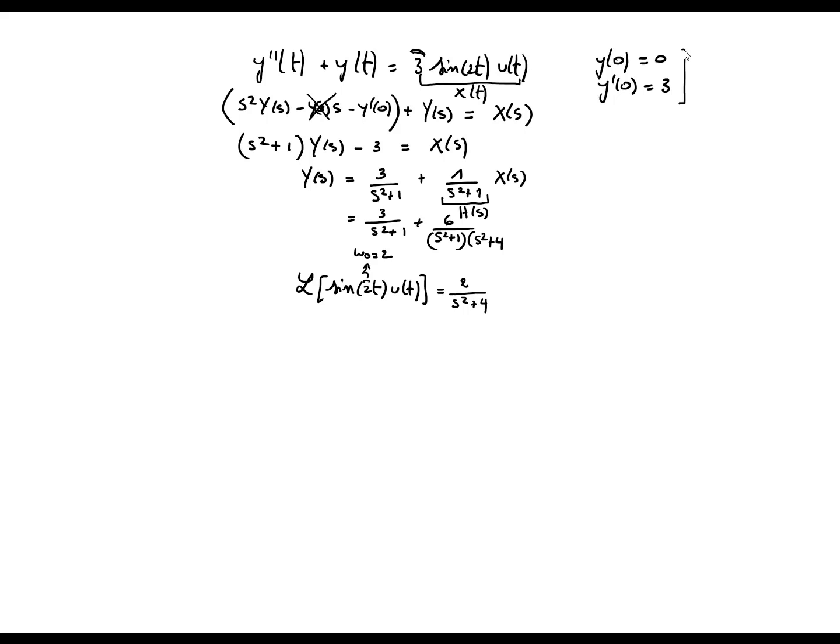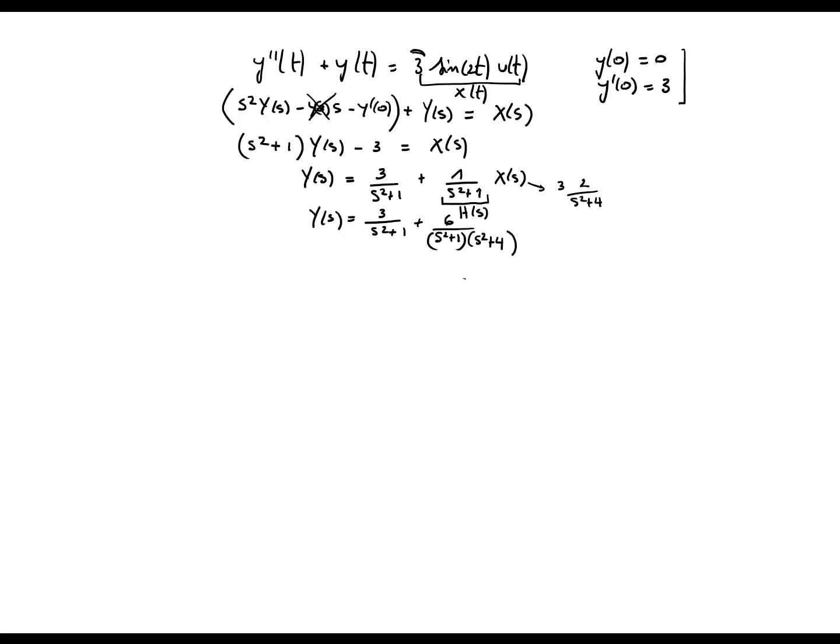So we can erase this and we have obtained an expression for Y(s), and again this is the zero input response and this is the zero state response. And we remember that this was 3 times 2 over s squared plus 4.